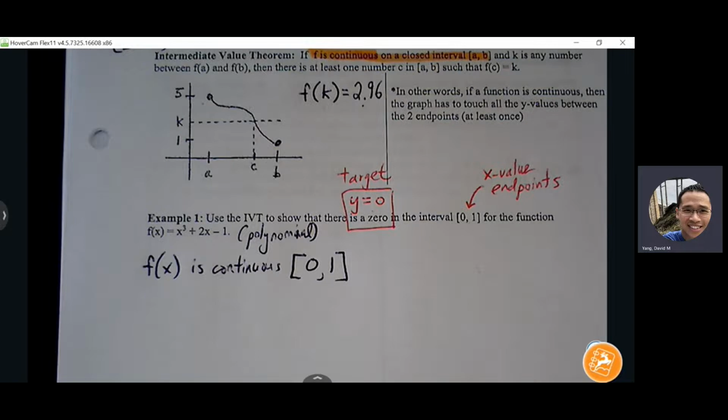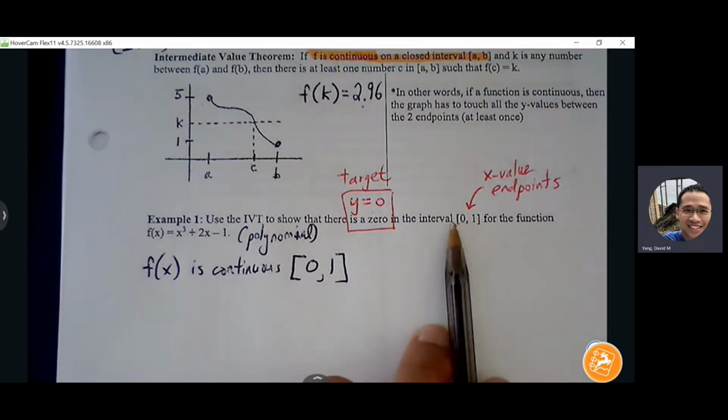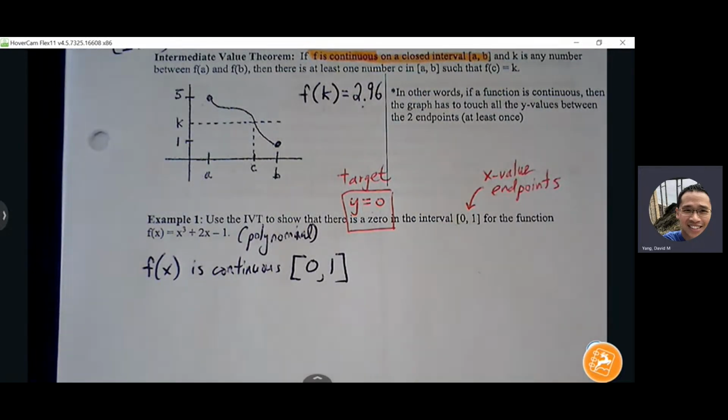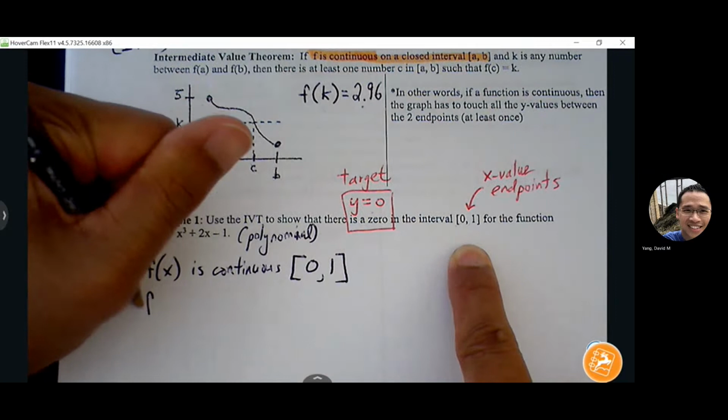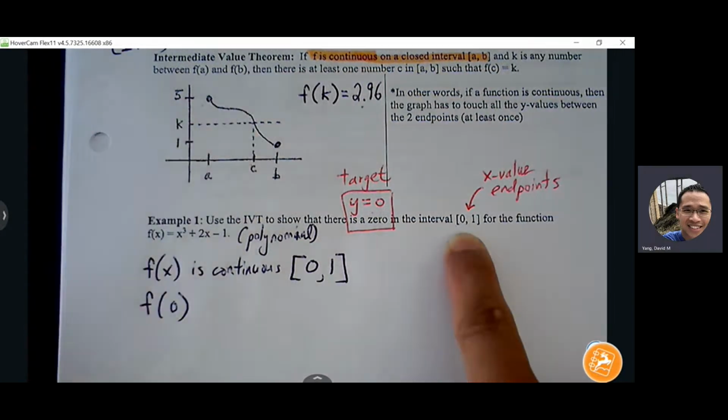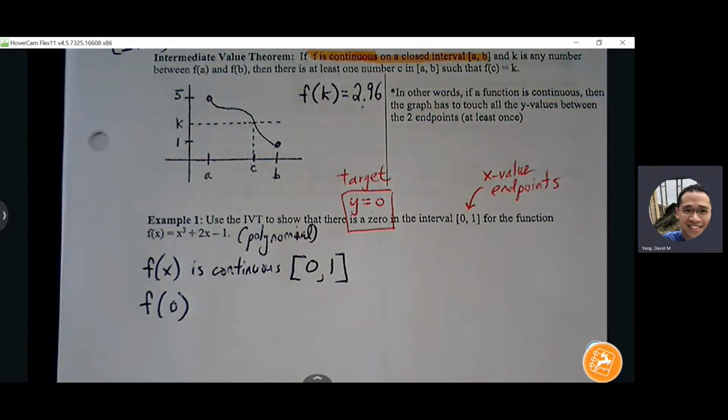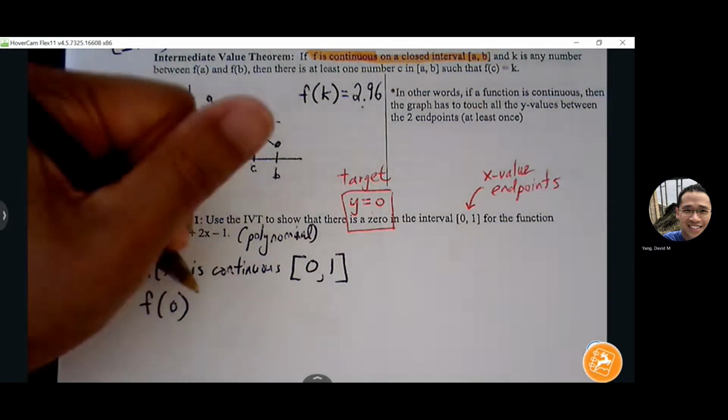Okay, so our first condition is good. We know that we don't have to worry about any potential breaks in the graph. We've already established the function is continuous. So now we want to look for our y values, right? We want a y value above 0 and another y value below 0. So let's find those y values. I have my endpoints, so I'll insert each endpoint into the function and look at their y values.